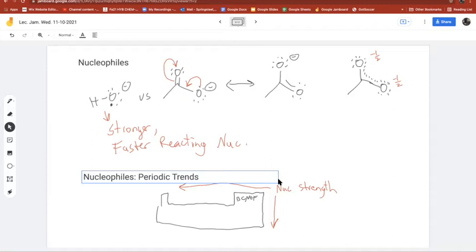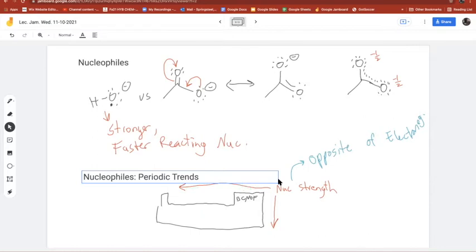What about electronegativity? How does it relate to electronegativity? It's opposite. Completely opposite. Electronegativity increases up and to the right towards fluorine.